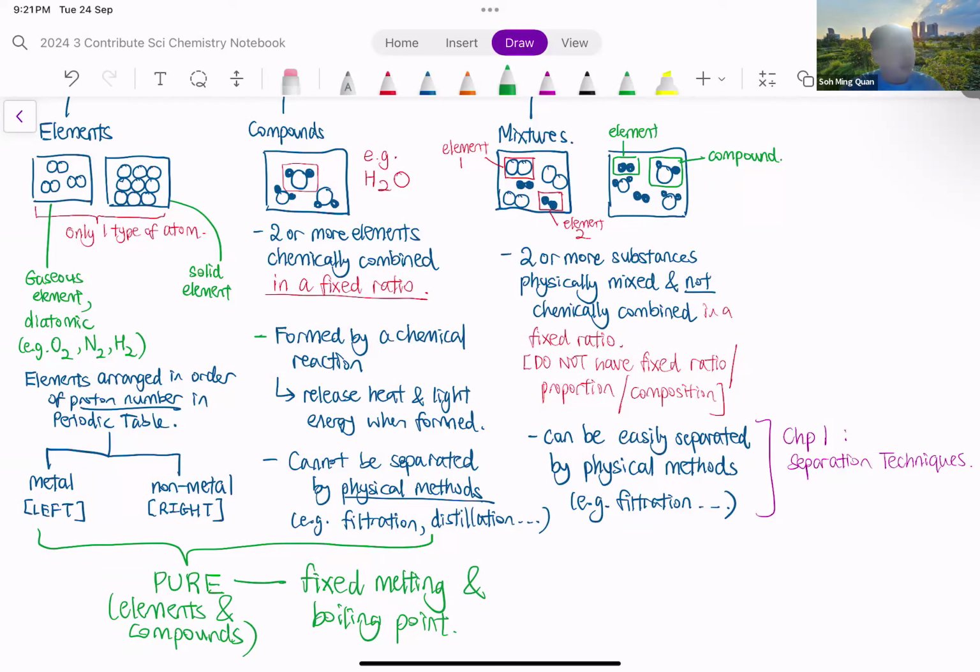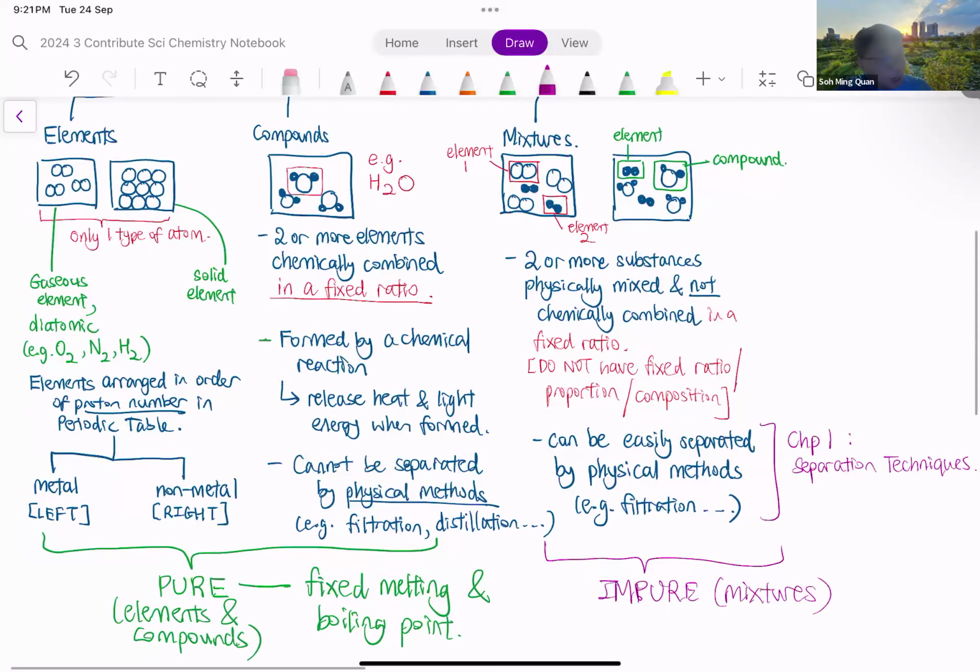All right. Now, on the other hand, you notice that mixtures are the opposite. Mixtures contain more than one substance and they are just mixed together. So mixtures are impure by definition. So how can I tell that they are impure?